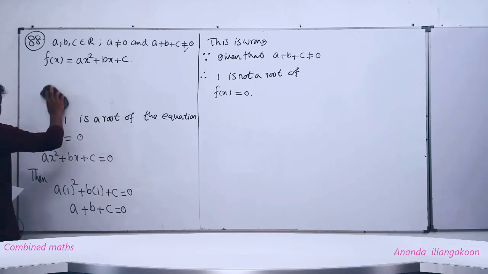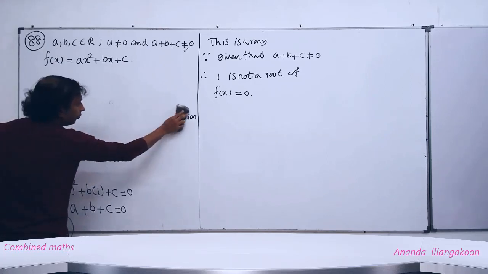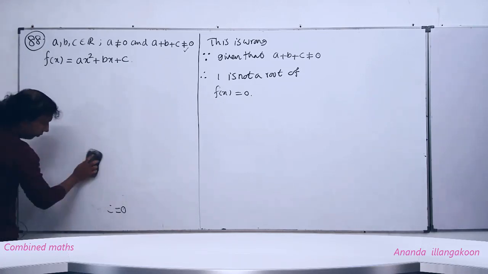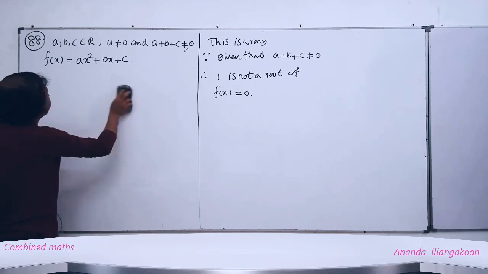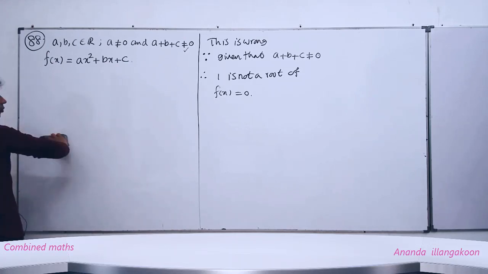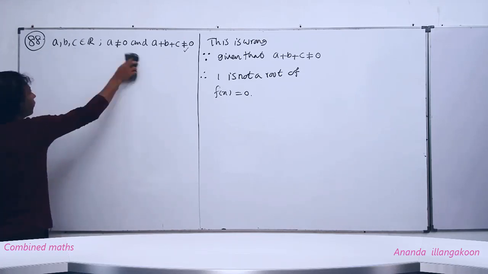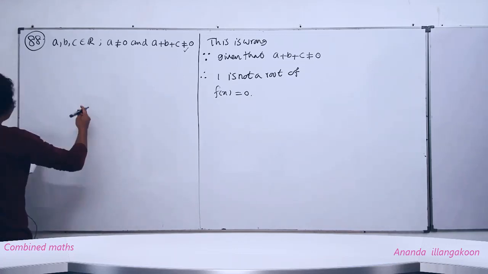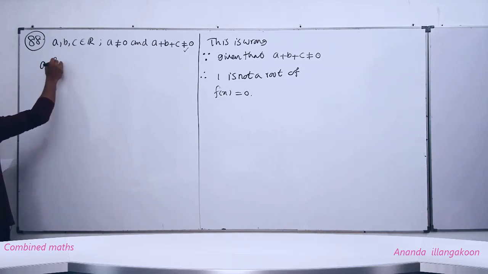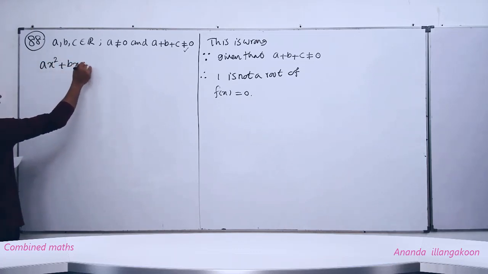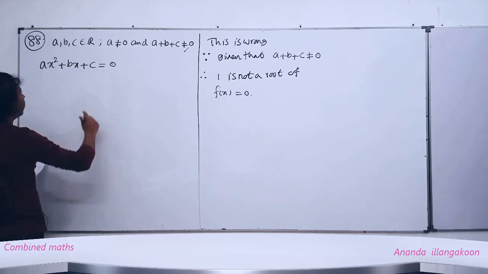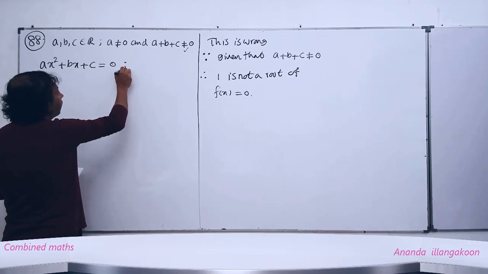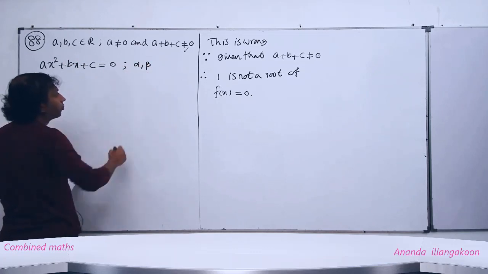I will erase this. f(x) equals 0 means f(x) is ax squared plus bx plus c, and its roots are alpha and beta.